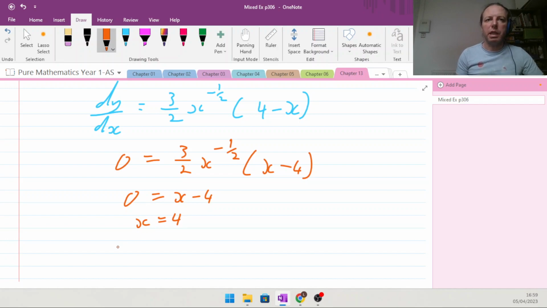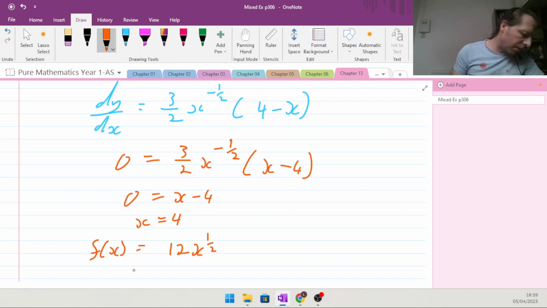Okay, we can then put that into the original equation, which was 12x to the half minus x to the 3 over 2.